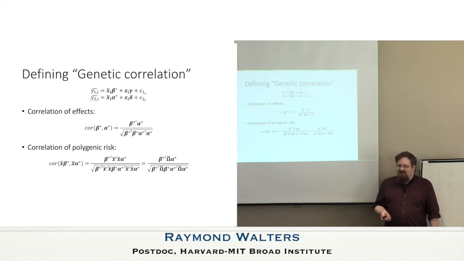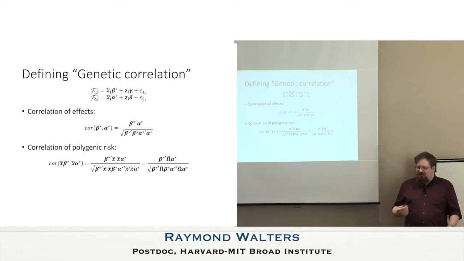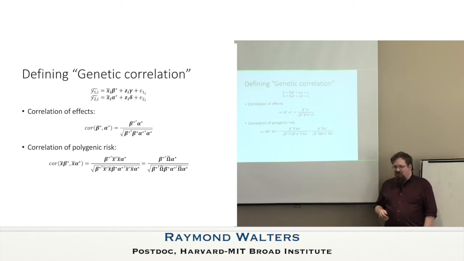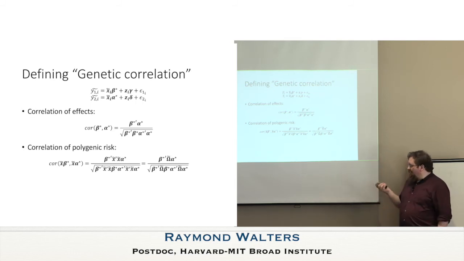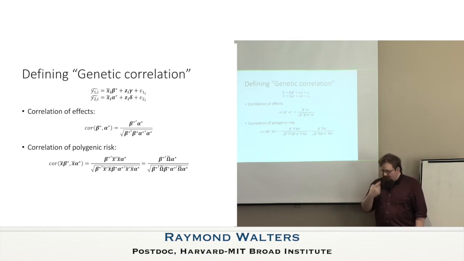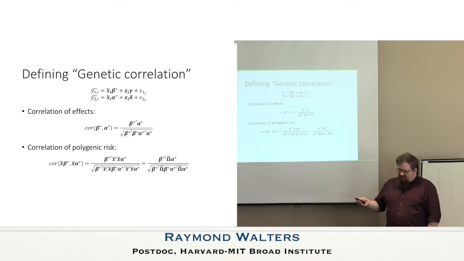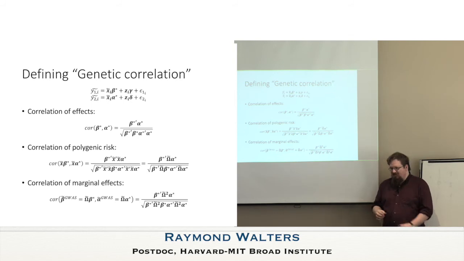So it's possible that depending on what we're interested in, for the purposes of thinking about what it means for a pair of traits to have correlation of their genetics, we might be more interested in this quantity. And we could carry that thinking a step further. Instead of thinking about the correlation of the overall genetic component or the correlation of those per-SNP conditional effect sizes, we could just be interested in the question of how correlated the two GWAS results are going to look.